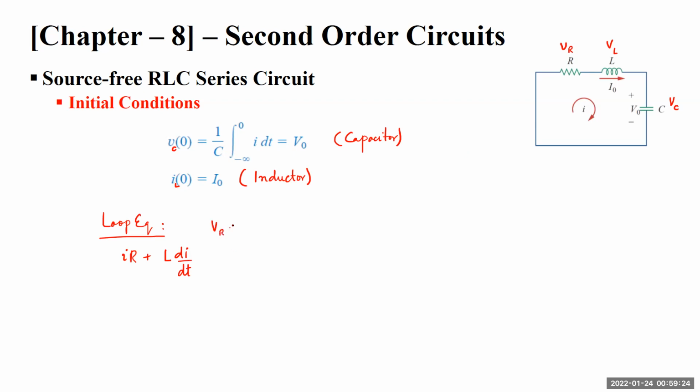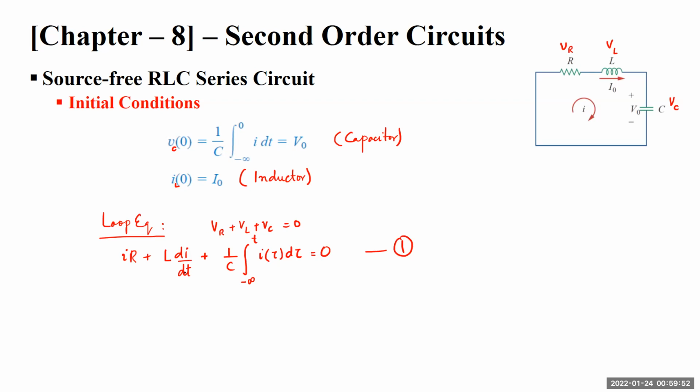So VR plus VL plus VC equals 0. VL is L di by dt, plus VC is 1 by C integral from minus infinity to t of I with an integration variable. Remember, the integration variable changes in this case. You can call it tau. So this is the differential equation or the loop equation for this circuit.